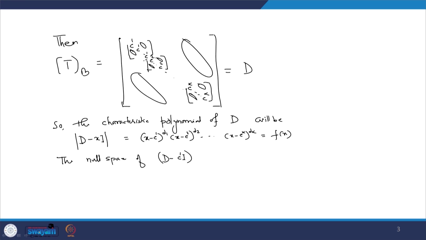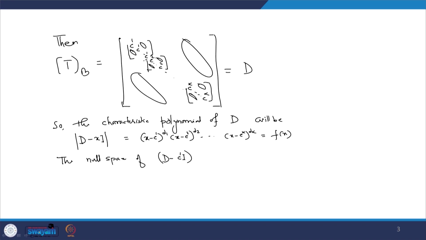But for the second, third, up to the kth block matrix, the diagonal entries will be C2 minus C1 for the second block, and Ck minus C1 for the last one. Since C1, C2, up to Ck are distinct, their differences are non-zero.